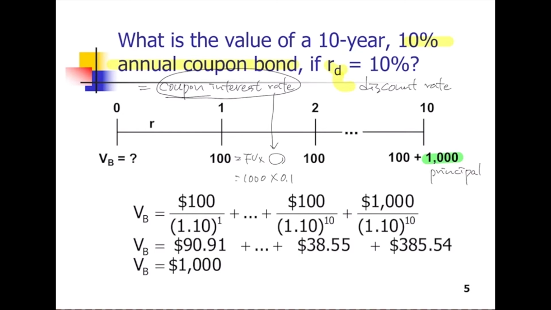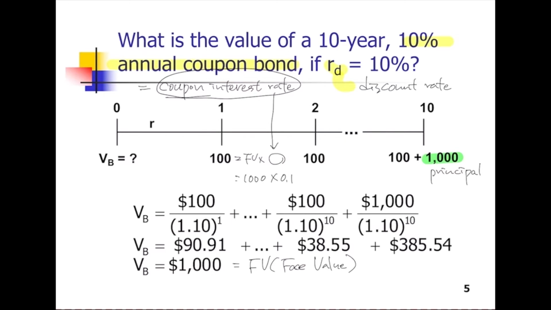As you can see, after calculating this equation, you get the value of the bond, $1,000. It is the same as the face value. Why is the value of the bond the same as the face value?